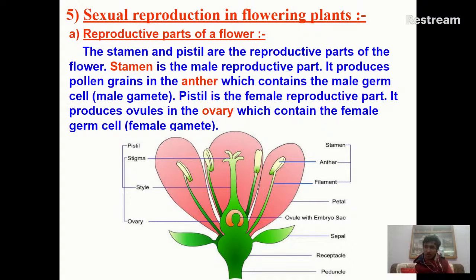In the stamen, the pollen grains are produced where?